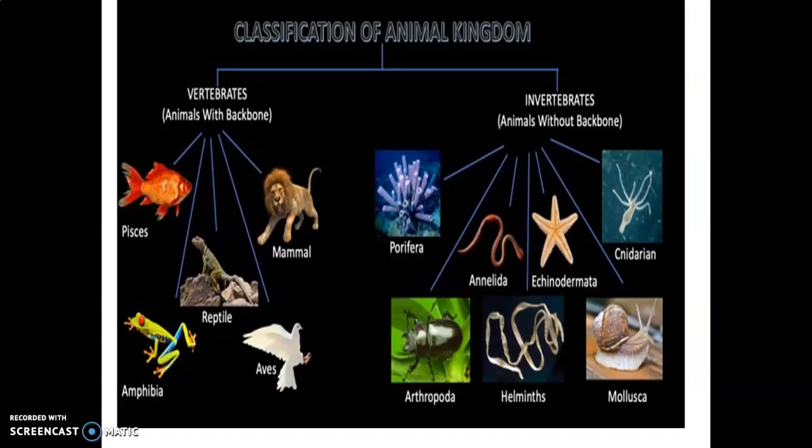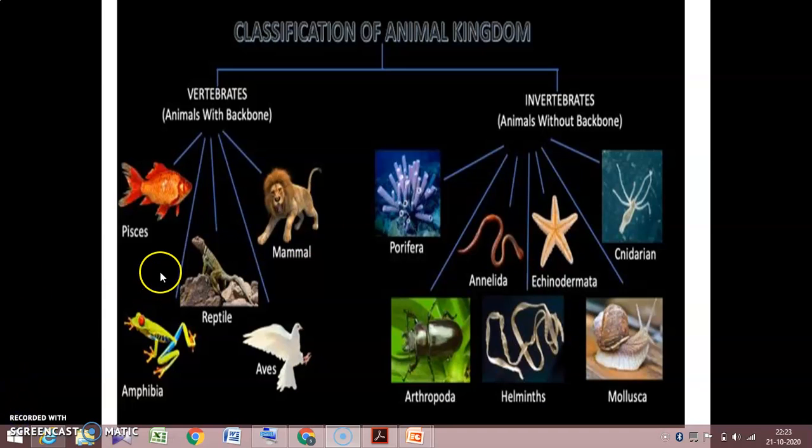Aves have feathers on their body and forelimbs modified into wings. What is the speciality of mammals? The presence of mammary glands and hairs on the skin. And they commonly exhibit viviparity. So that is about chordates, vertebrates.